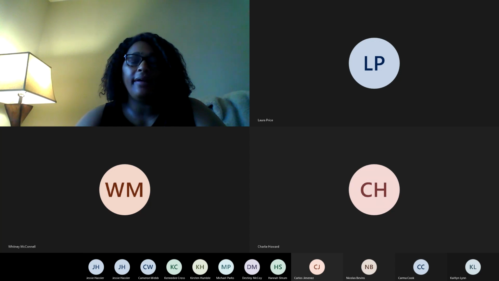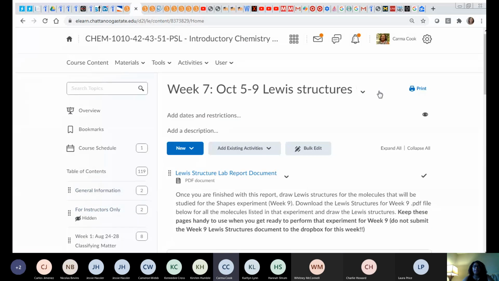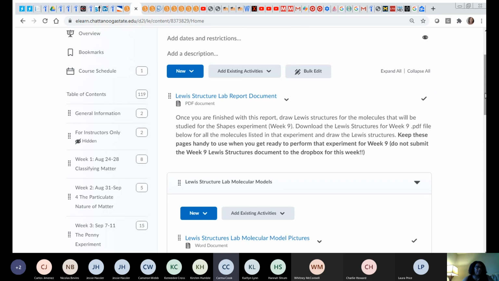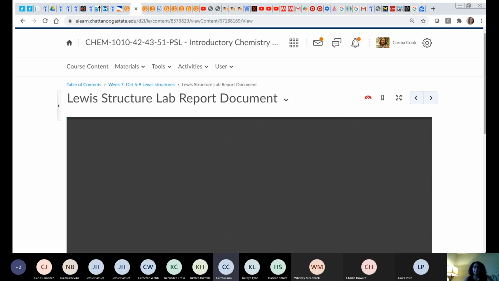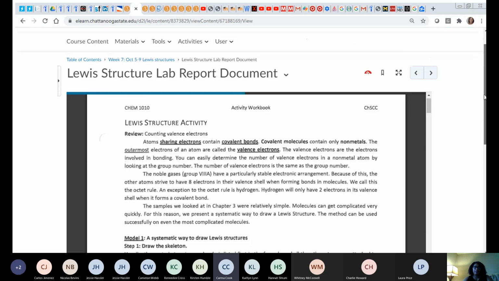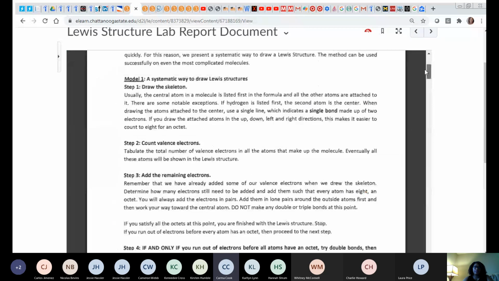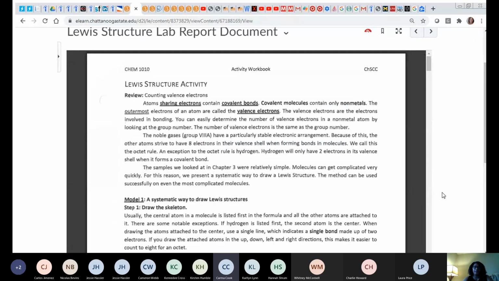So go to eLearn, our lab eLearn page, click on week 7. And there it is right there, Lewis Structure Lab Report Document. Are you good with that now, Cameron?